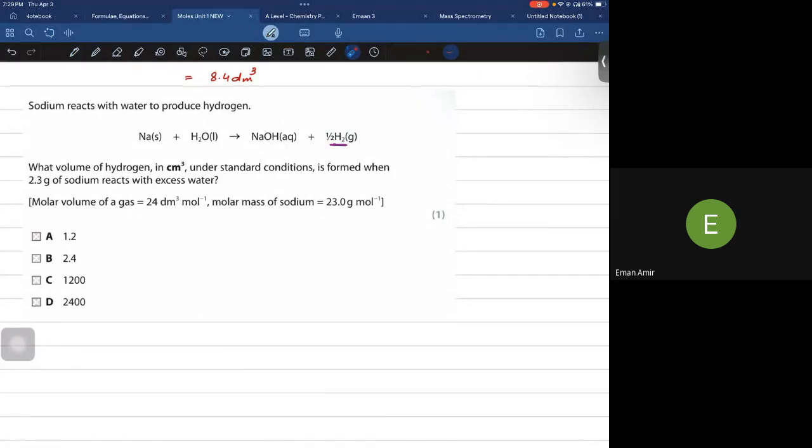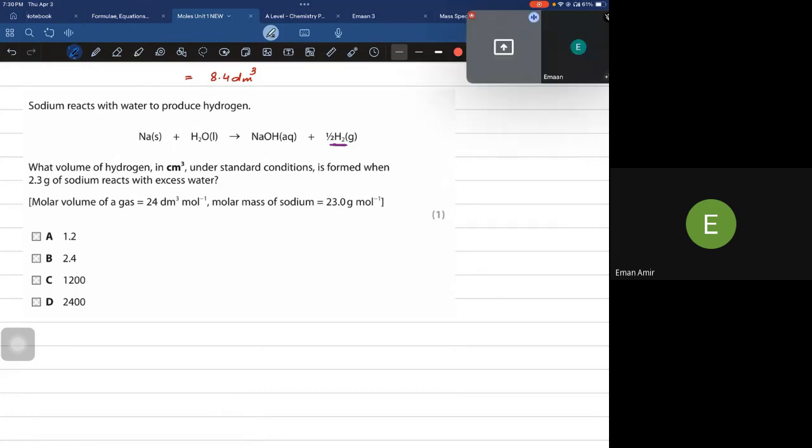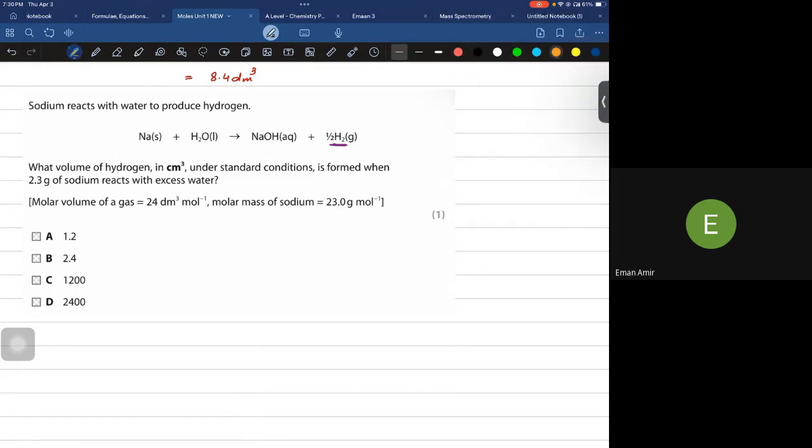The most important thing in stoichiometry is to identify which value you have to consider. Of course, in your equation, you have four things, two in the reactant side and two in the product side. So we have to take one thing and another thing we have to find out. If you can see this, volume of hydrogen is required and grams of sodium is given to you.